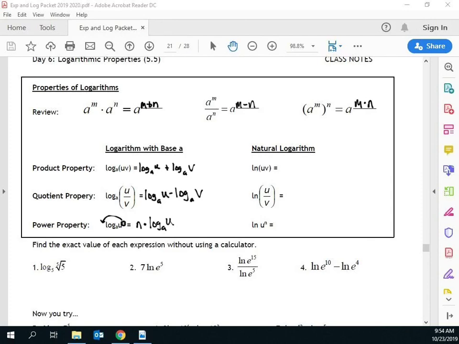Any argument raised to a power becomes the coefficient of that log function. The argument is u to the n. The n becomes the coefficient, being multiplied times the function itself. So it moves to the front.